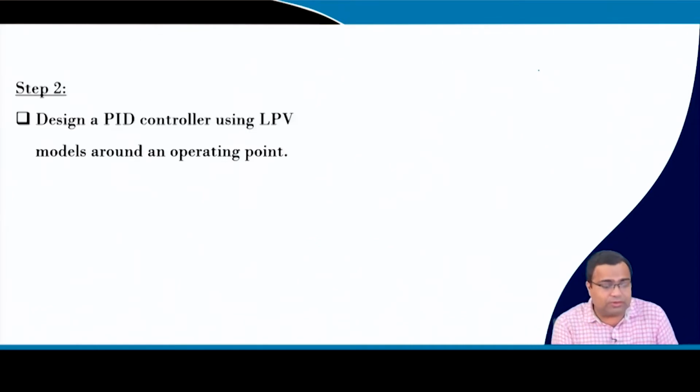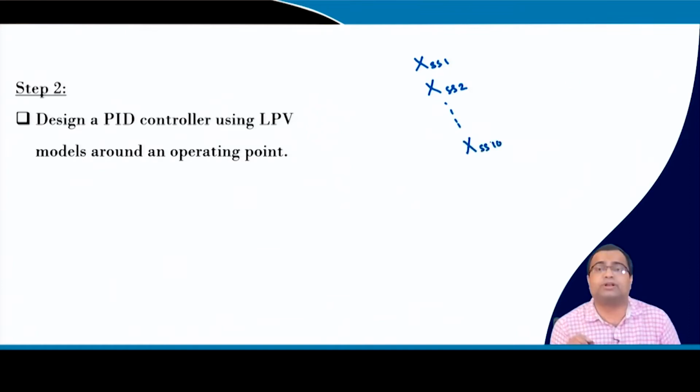So, step 2, as I said, we need to design a PID controller for various operating points. That means we can say the operating points may be X1, then X2, and so on. Maybe we can have, let us say, 10 such operating points, and for each operating point I have assigned some PID controller gains.